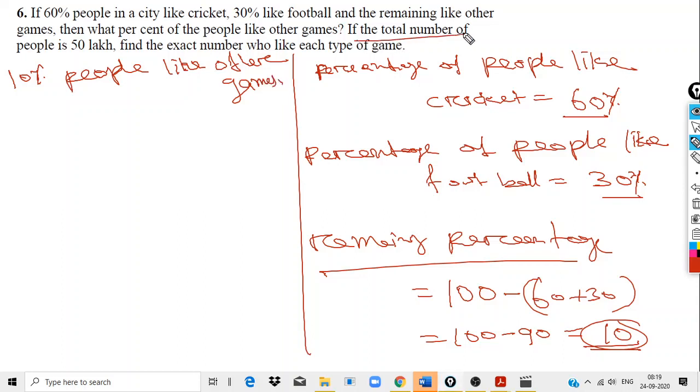If the total number of people is 50 lakh, find the exact number who like each type of game. Okay, so total people is 50 lakh. You can write total people equal to 50 lakh. Lakh means 5 zeros.